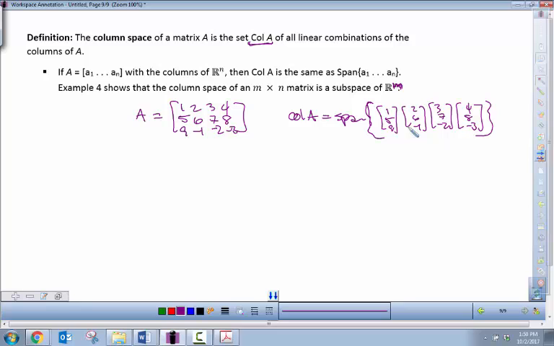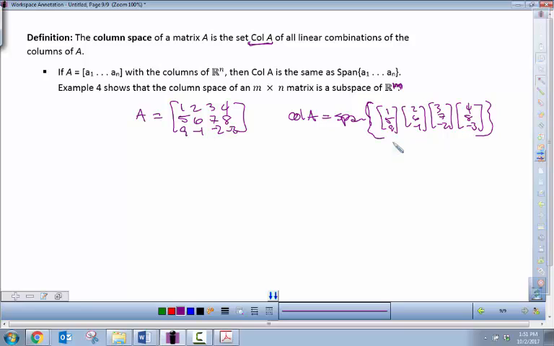So I mentioned that however many vectors it's spanned by is the dimension. I don't think that's true as I said it. There's an important phrase in there that would make that statement true.